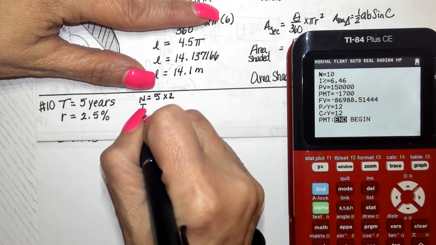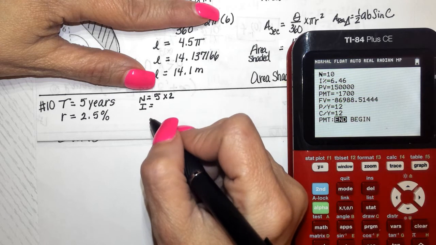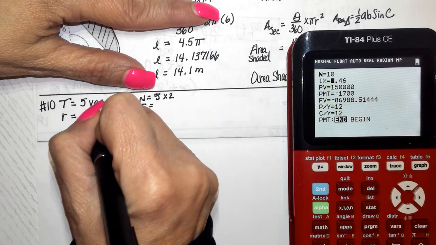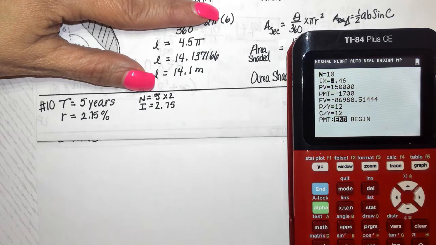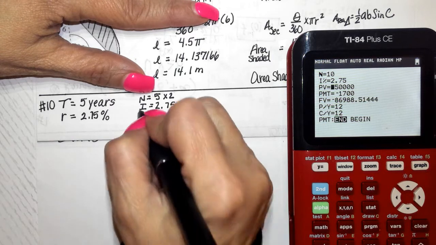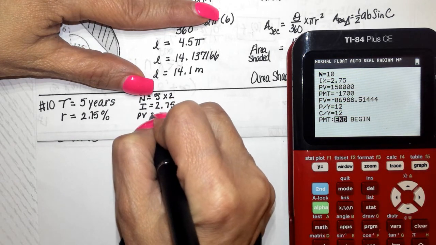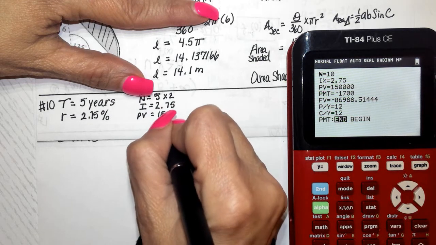The interest rate that we are doing, we are getting paid, oh, was that 7.5? Sorry, 2.75. 2.75%. Enter. The present value, what have we got here? We are investing 1,500 euros.